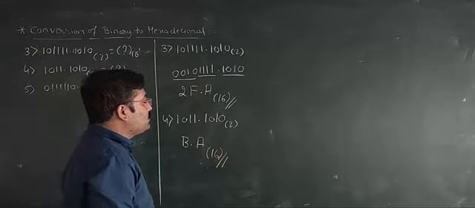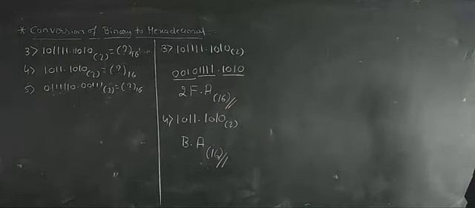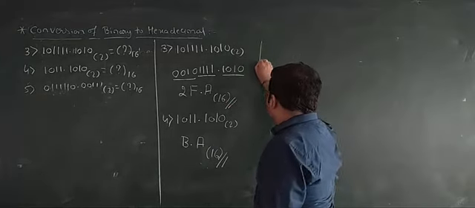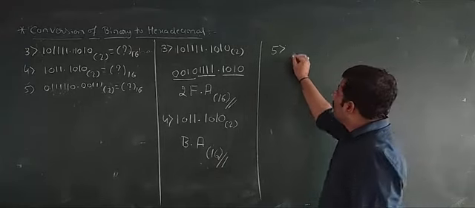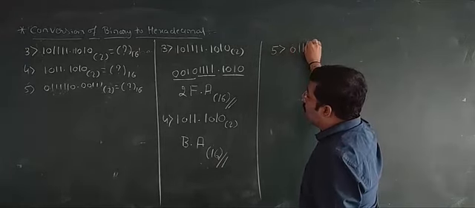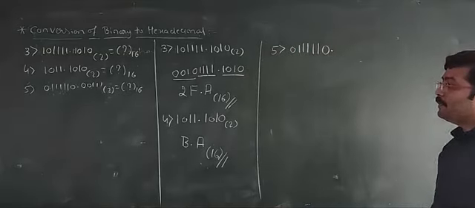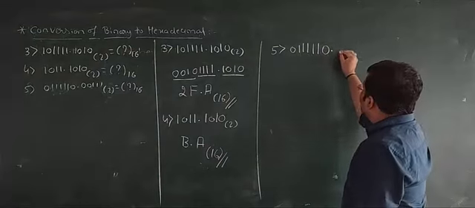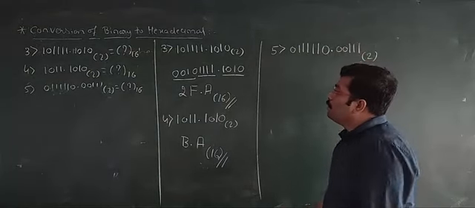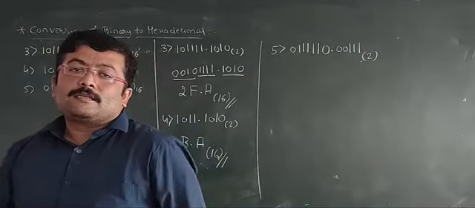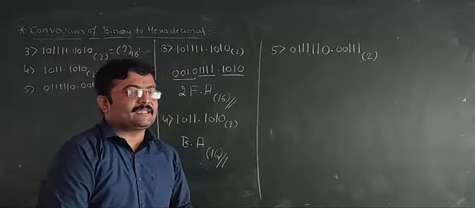So this is the conversion value of hexadecimal, that is B dot A. And the last one. So let us convert the given binary number to hexadecimal number.